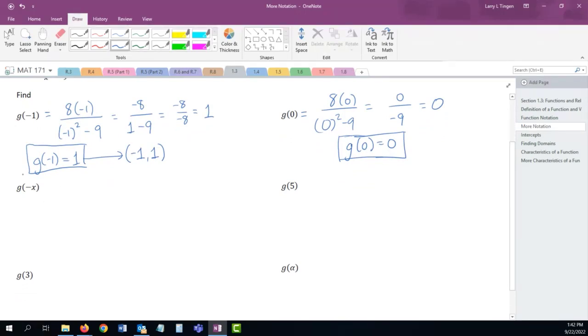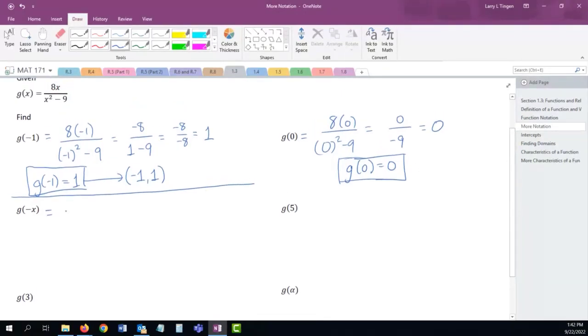All right. How about G at -x? G at -x means take all the x's and swap them for negative x's. Now, take a look at what happens with my signs. 8 times -x is -8x. So in this one, that negative impacted the numerator, right?